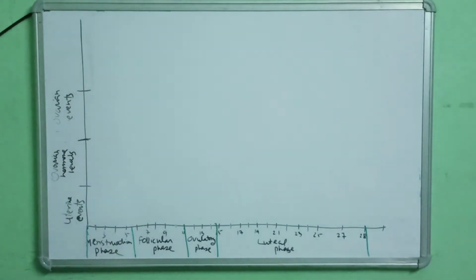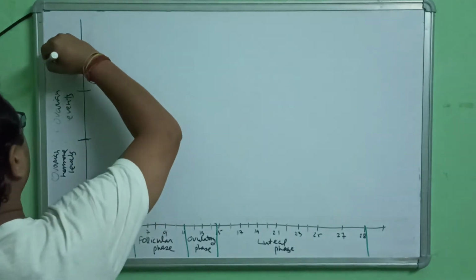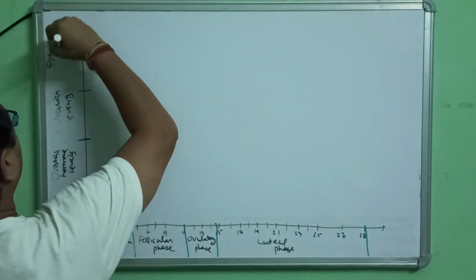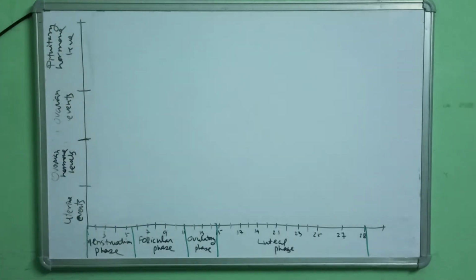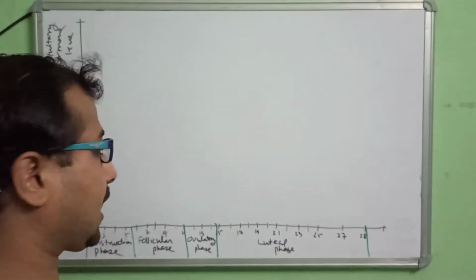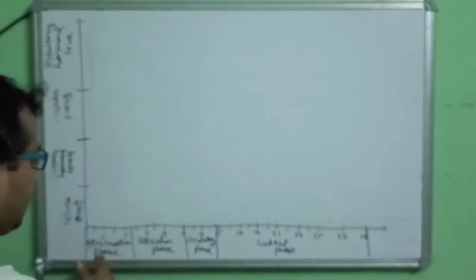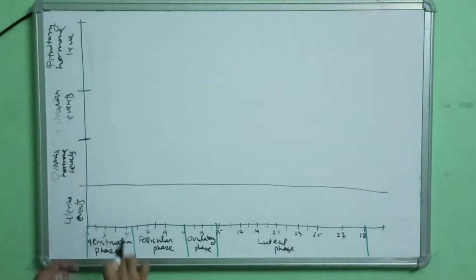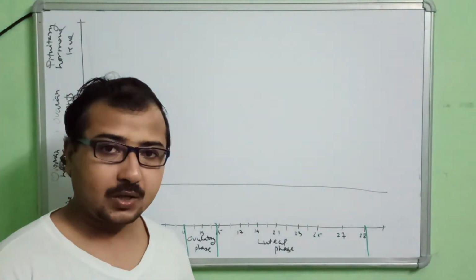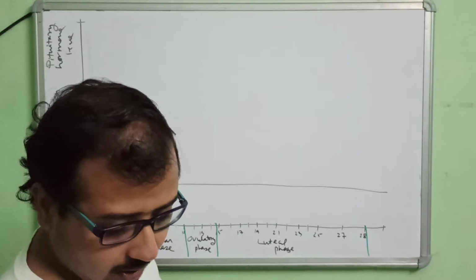Let's keep this much area, and then pituitary hormone levels. So I am dividing into four the topics that I am going to discuss here, according to the phases. First is this area. Let's mark it separately. This part here, I am going to show you what events take place in the ovary.